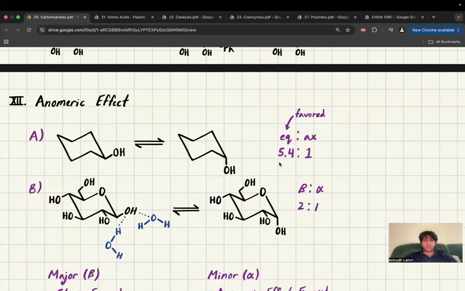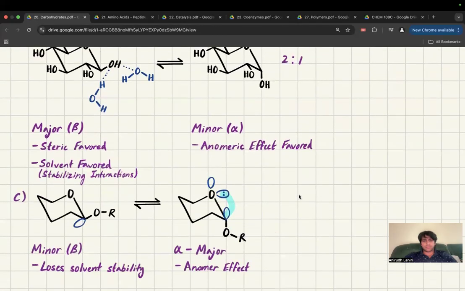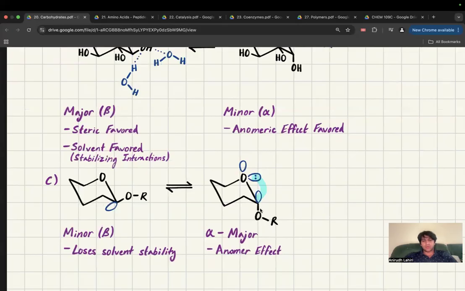So if we look at the difference between equatorial and axial here, we see a 5.4 to 1 here for equatorial, which makes sense, right? Because we would assume that equatorial is so much better than axial. But when we take into account the anomeric effect, it's actually only 2 to 1. And suddenly it's beta to alpha. Okay. So what's happening here? Basically, this has to do with orbital effects.